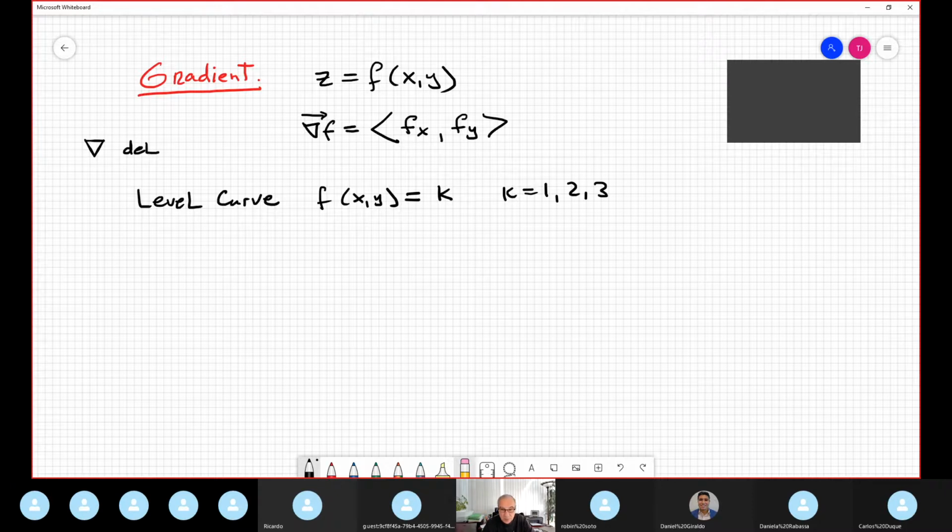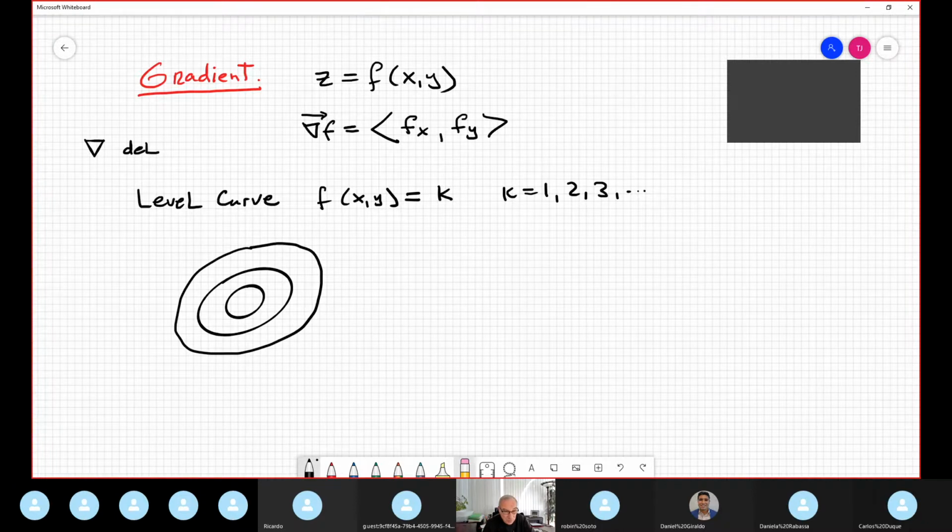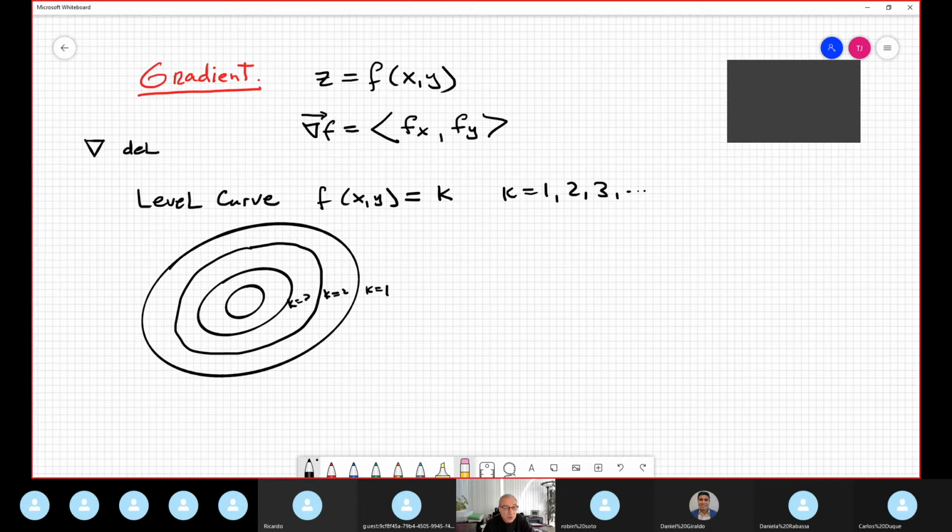You obtain a family of curves. Suppose something like that: k equal 1, k equal 2, k equal 3, k equal 4.